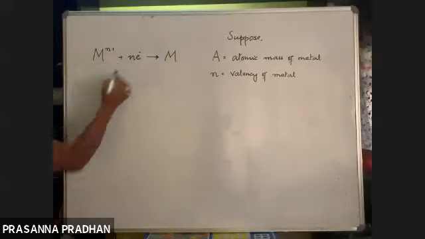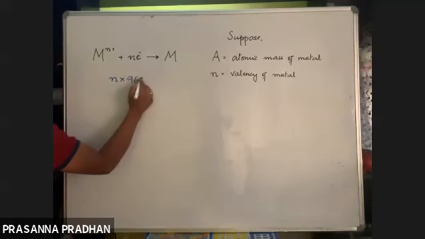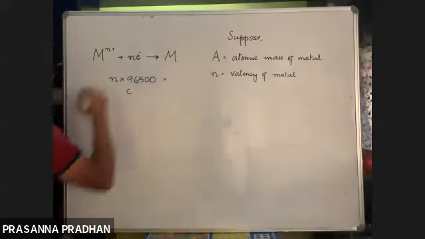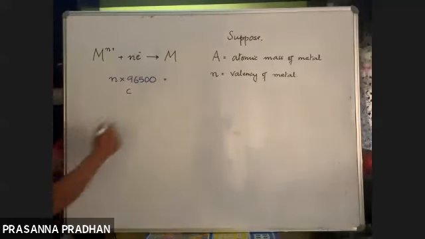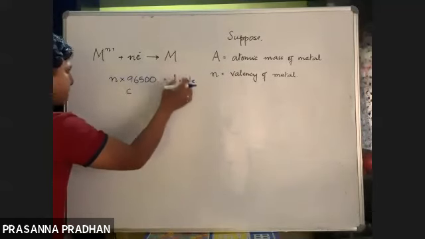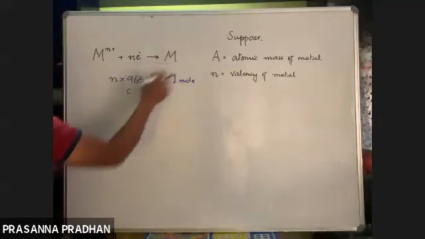So n moles of electrons means, what is the charge on n moles of electrons? In Faraday, n Faraday, or n times 96500 coulomb will deposit 1 mole of metal. And if I express this mole in terms of mass, then what can I write?